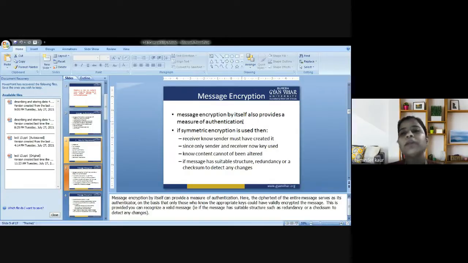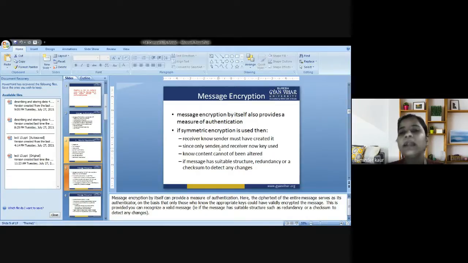It also provides a measure of authentication. If symmetric encryption is used, then there are certain points that we are supposed to remember: the receiver knows the sender must have created it, and since the key is known only to the sender and receiver, the content cannot be altered.